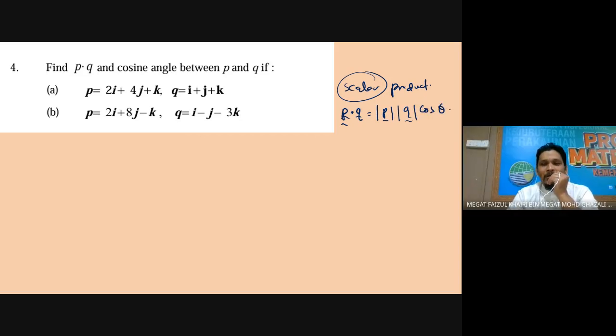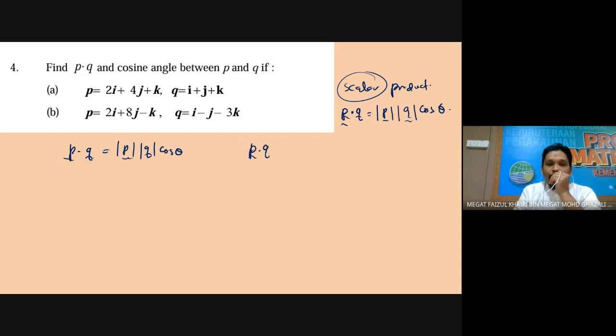Good. And then from here, P dot Q equal to modulus of P, modulus of Q, cos theta. Okay.